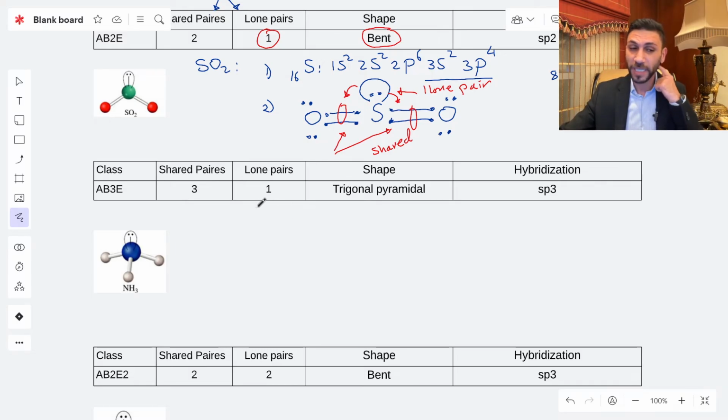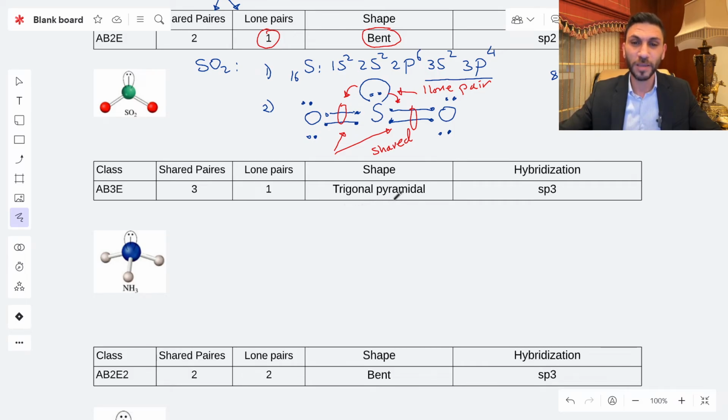Class AB3E now. In AB3E, we have 1 central atom, A. We have 3 shared pairs, and we have 1 lone pair as E. And as an example, it's NH3. The shape is trigonal pyramidal, not trigonal planar, not trigonal bipyramidal.